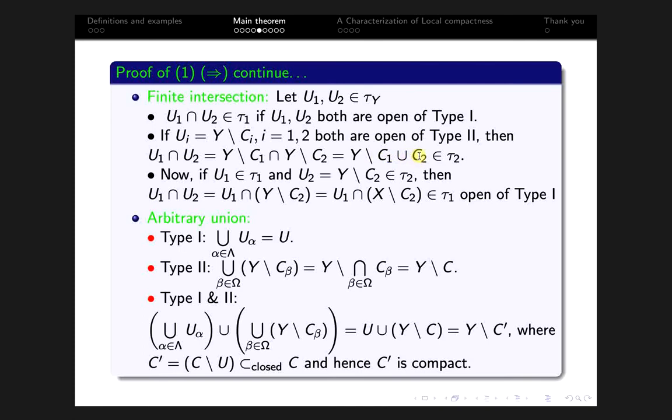And C1 and C2, they are compact subsets of X, so their union is also a compact subset of X. Okay, so Y minus some compact subset C1 union C2 of X, that is open of type 2, that is in tau 2.